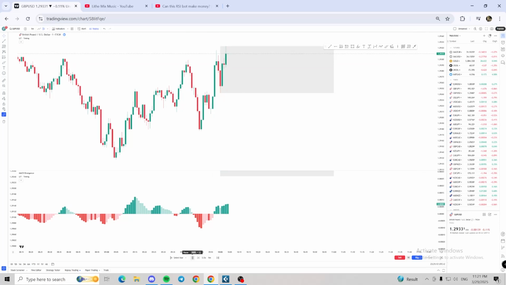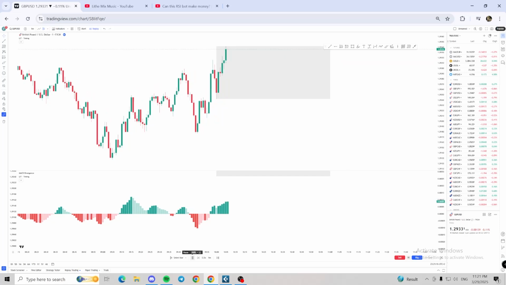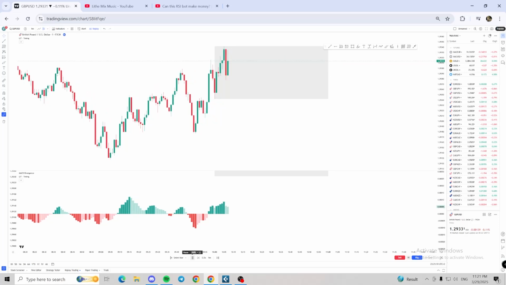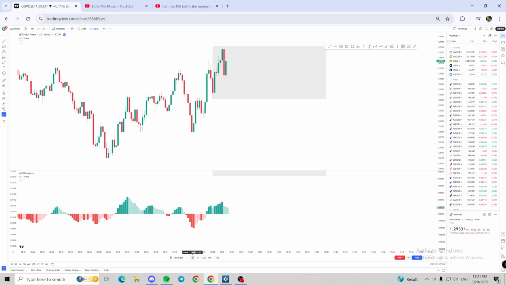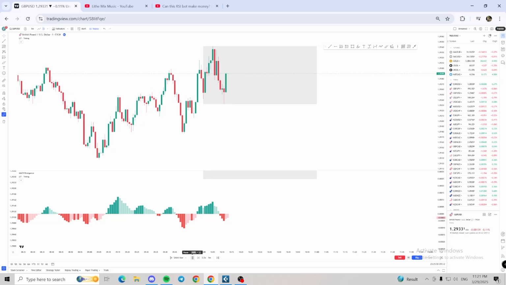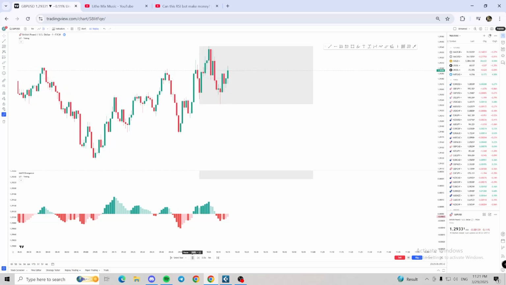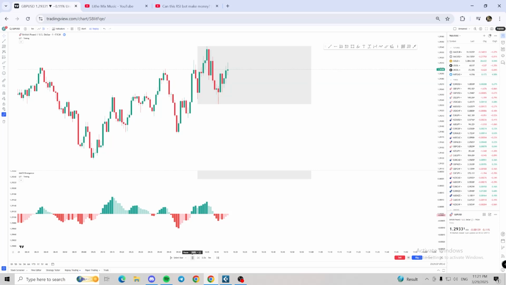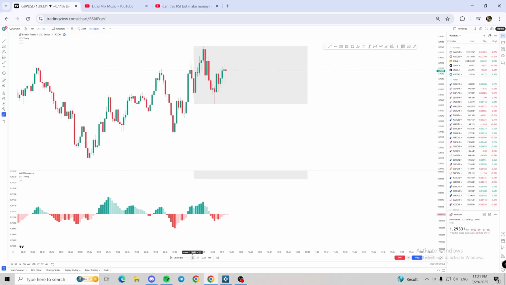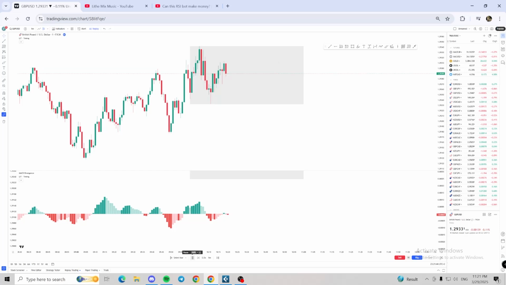So all I'm searching here is for a divergence. That's it. It's that simple. And there are rules to the way I see divergence for this strategy. I don't take every divergence that appears.